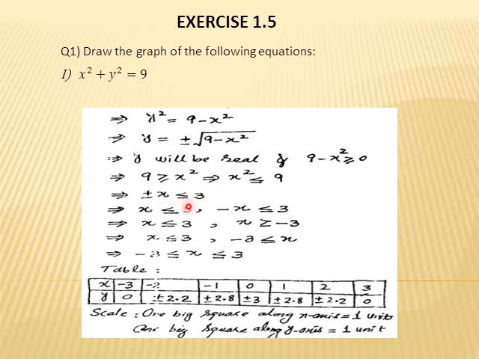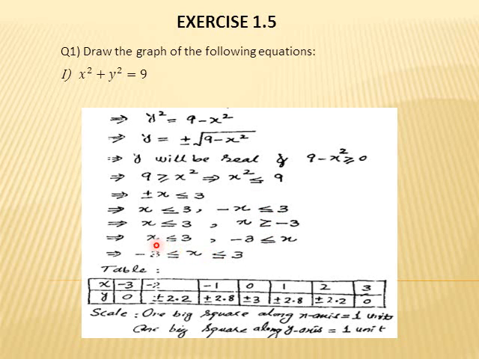So plus minus 3, x is less than or equal to 3. So x is less than or equal to 3 and minus x is less than or equal to 3. If you multiply by minus, the sign will be changed, so less than or equal to will change to greater than or equal to.